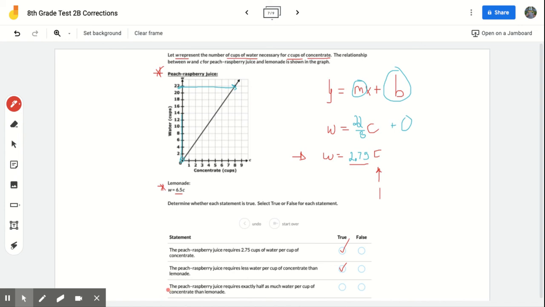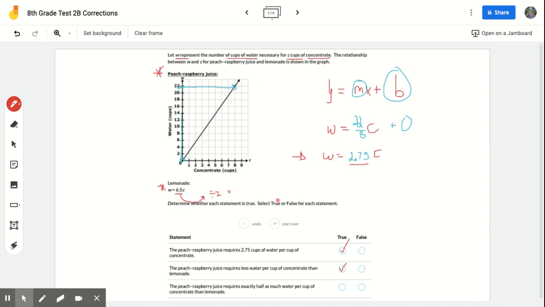And then let's look at the last one. The peach raspberry juice requires exactly half as much water per cup of concentrate. So is 2.75 cups half of 6.5? So the only way to find that out is to divide your 6.5 by 2 and see if it's exactly half.